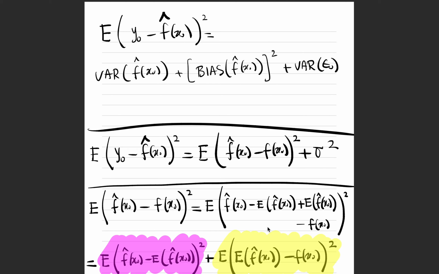Okay, so in this video, I want to get to the math of the bias variance trade-off, and to show that the expected test error is the variance plus the bias square plus the variance of the irreducible error.